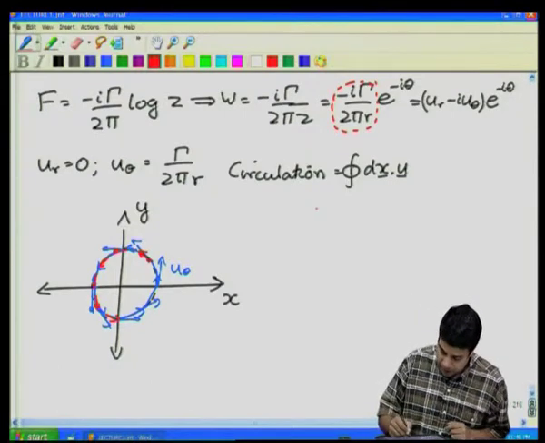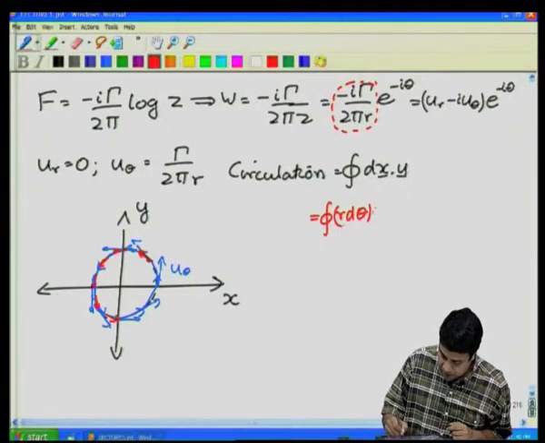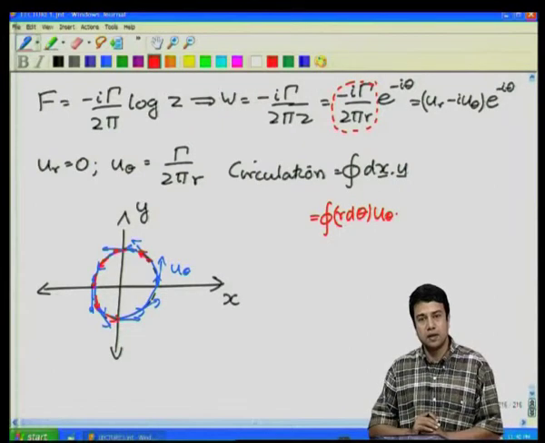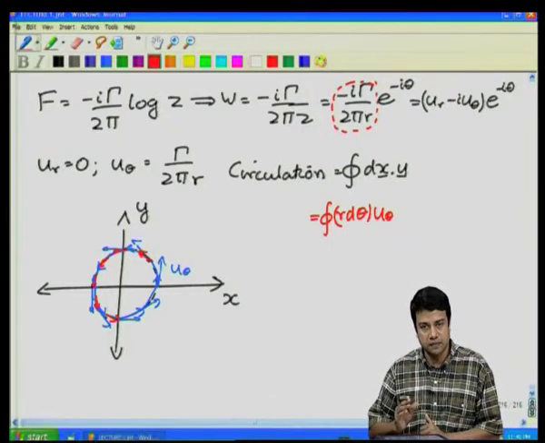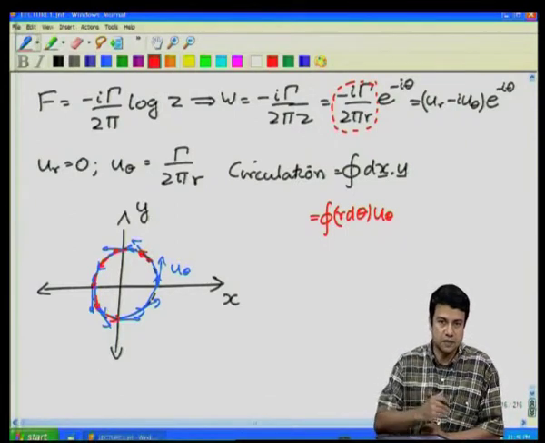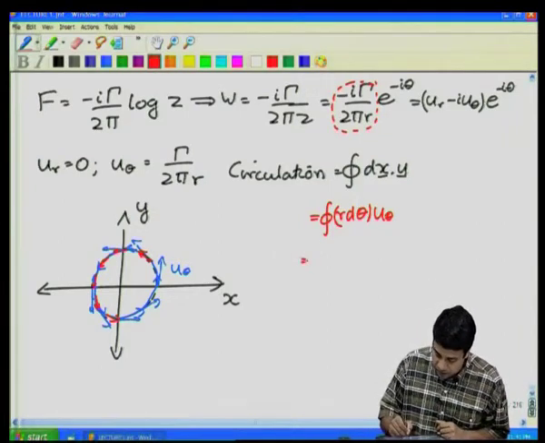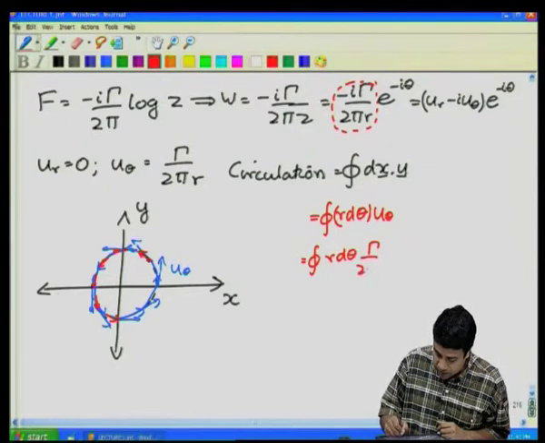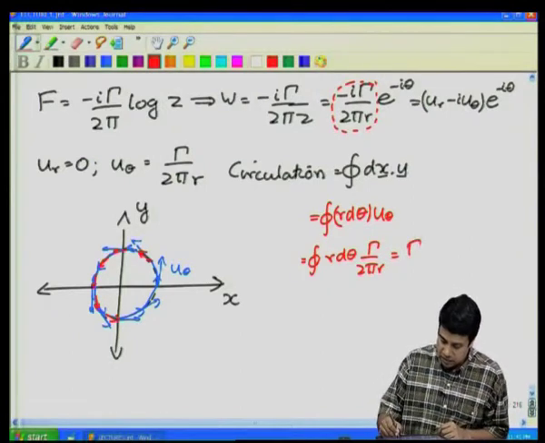And in this case, this dx is given by r d theta times u theta, because the theta vector is along the direction of the displacement along that contour. So, this will be equal to integral of r d theta times gamma by 2 pi r, which is nothing but gamma itself.